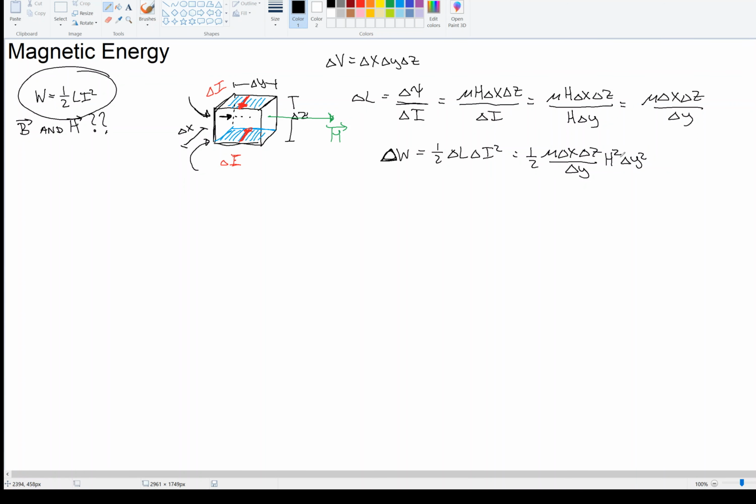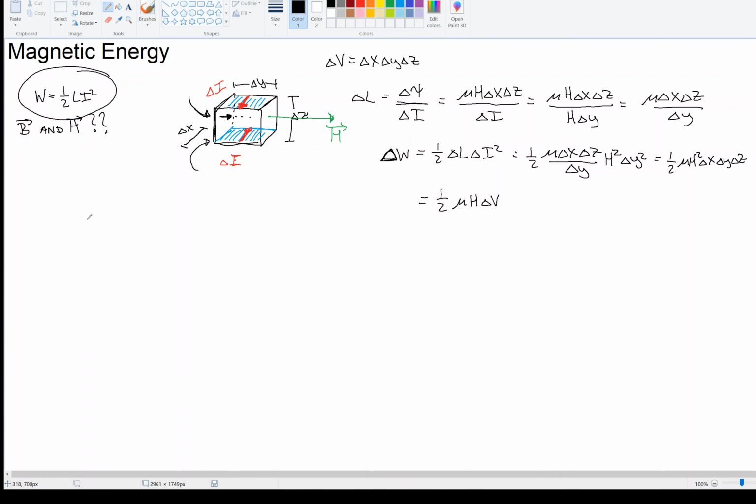So that's H squared delta y squared, and then when we cancel one of the delta y's, we get 1/2 mu H squared delta x delta y delta z. That looks familiar, right? What is that? That's 1/2 mu H squared delta v. That's the volume of this thing. Nice. All right, so that's the energy contained in this differential element.